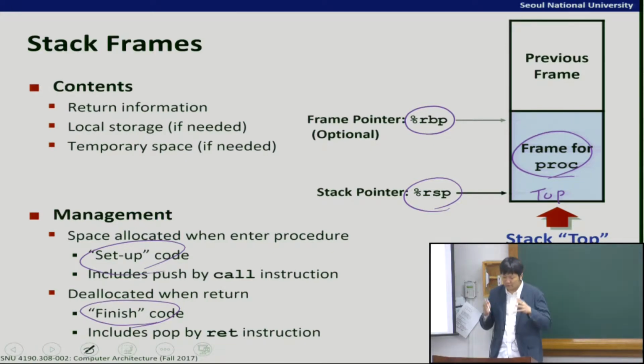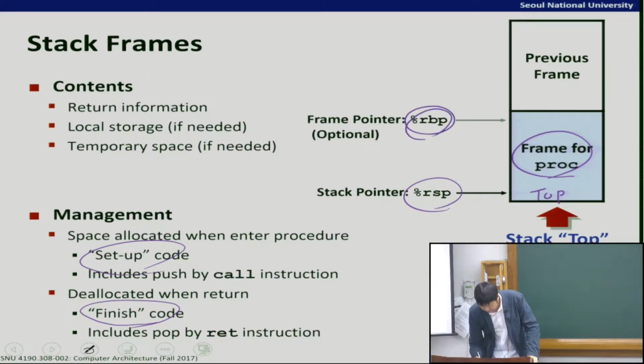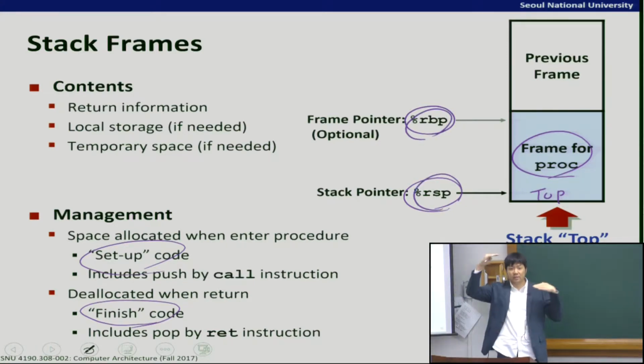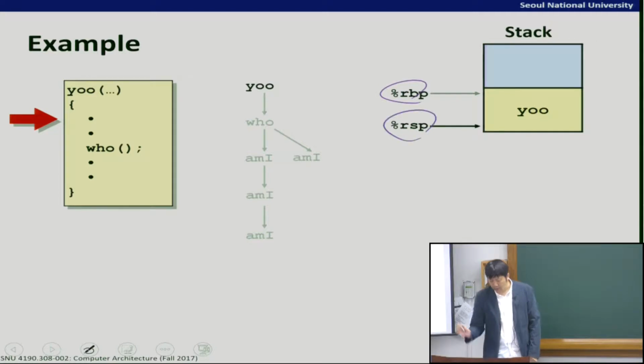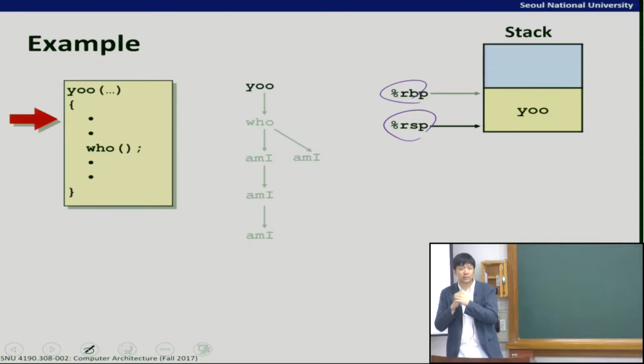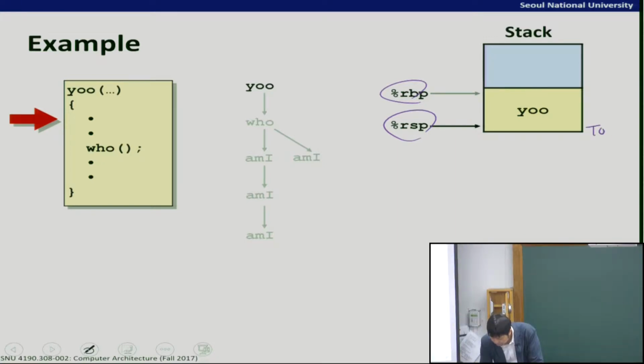So it's not a required part, but some compilers generate this frame pointer value as well. RBP points to the bottom of the stack frame. In other words, these two pointers set the limits of the current stack frame, in this case for U. So RBP and RSP point to the beginning and the end of this function U's stack frame. This is top, and this is bottom.